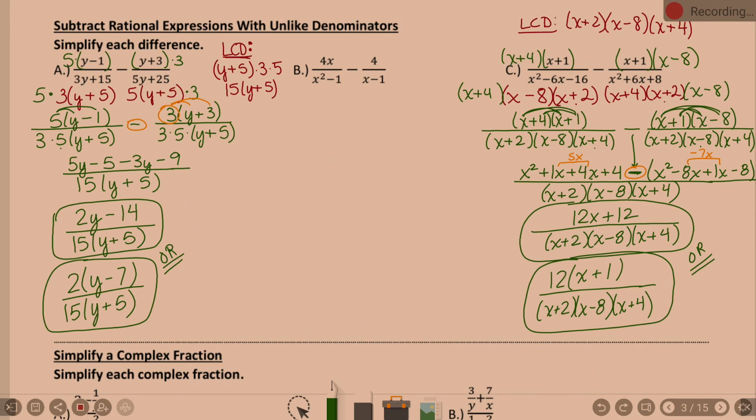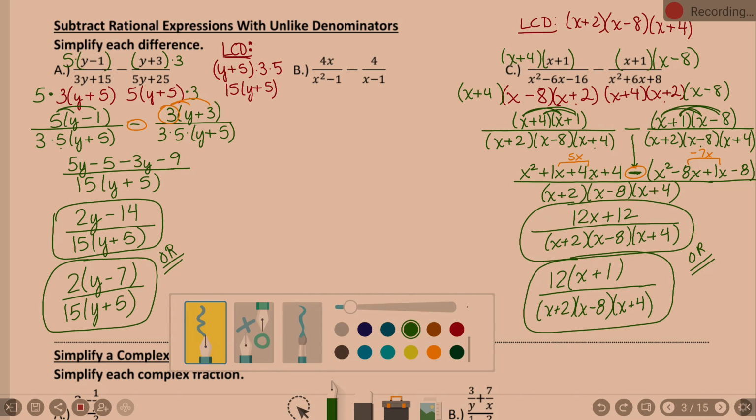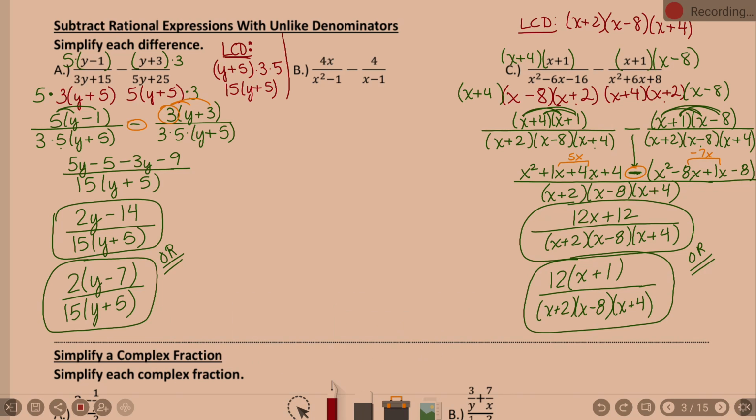So, let's see. X squared minus 1. We're back to needing a common denominator here, right? X squared minus 1 would factor into x plus 1, x minus 1. X minus 1 is already factored. Least common denominator.